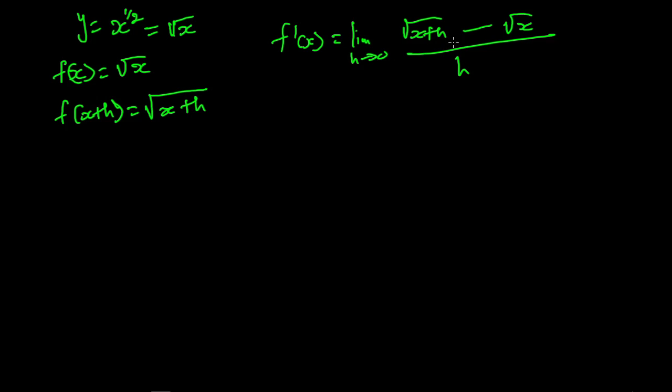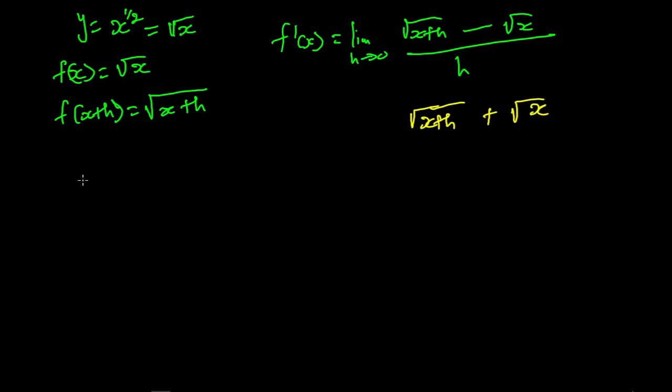Now to proceed from here, we are just going to multiply both the numerator and the denominator by the conjugate of this numerator. By conjugate, since we have the square root of x plus h minus the square root of x, the conjugate is going to be the square root of x plus h plus the square root of x. Since we have negative here, the conjugate is going to be positive.